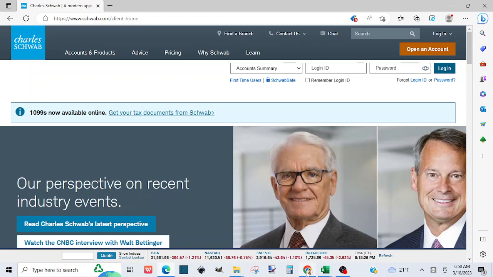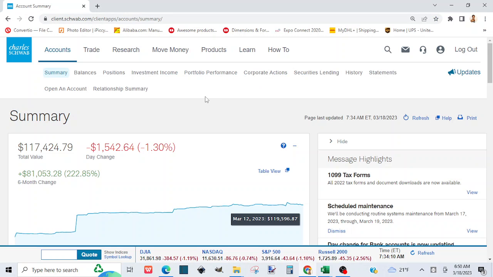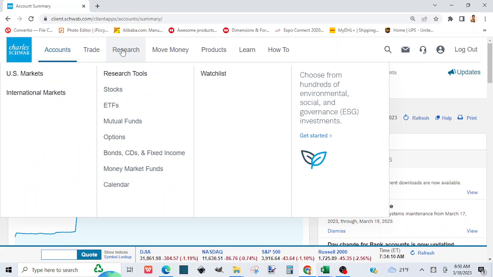So once you log into your Charles Schwab account, in the top bar, you will click on research. And under research, you click on US markets.